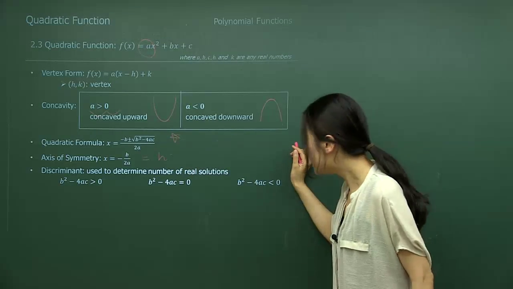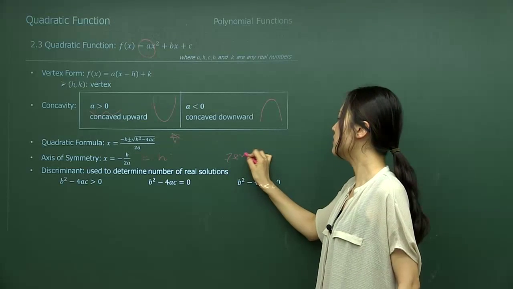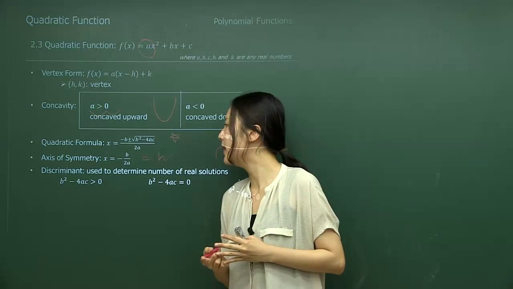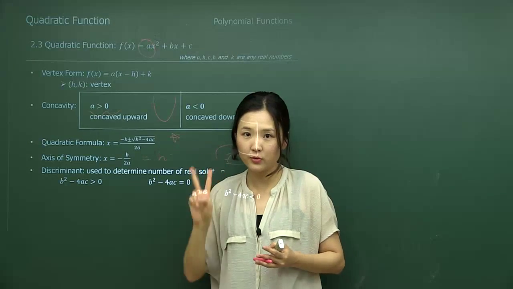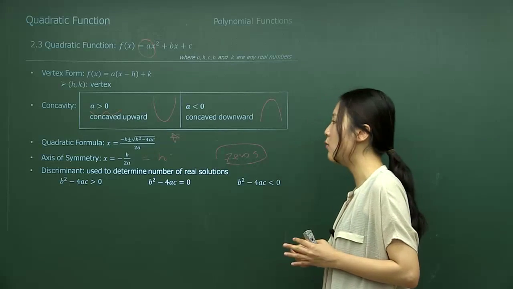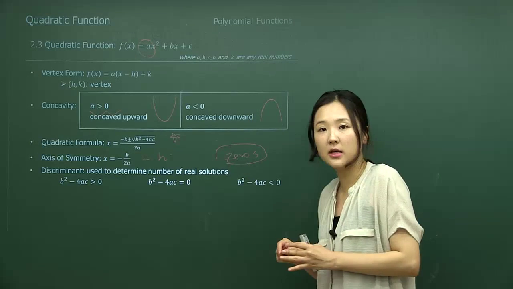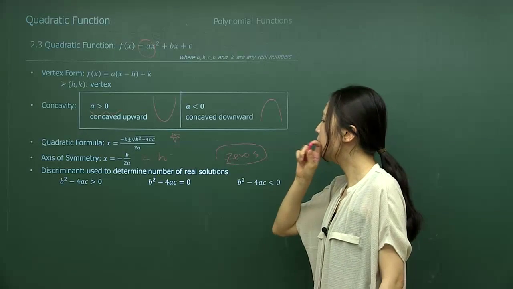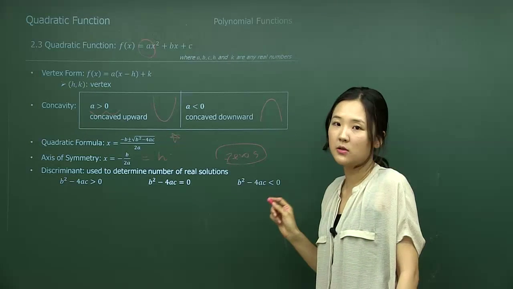And finally, let's talk about zeros a little more. We have already talked about that if you have two real zeros, you can figure out what the equation is, given a few more details, of course. However, do we always get two real zeros?